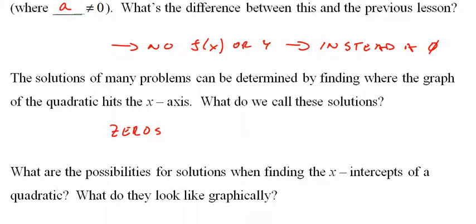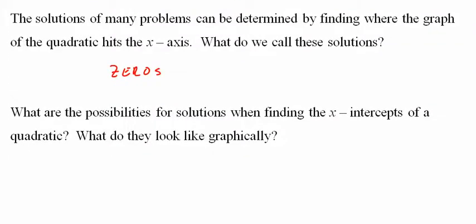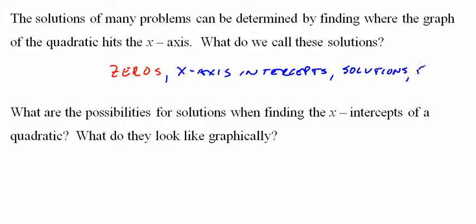So a lot of problems say, where does the graph of the quadratic hit the x-axis? And these solutions are called zeros, x-axis intercepts, solutions. Sometimes they're called factors, even though they really aren't factors. Things like that. Roots, all the same things.